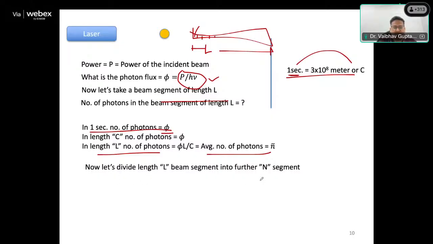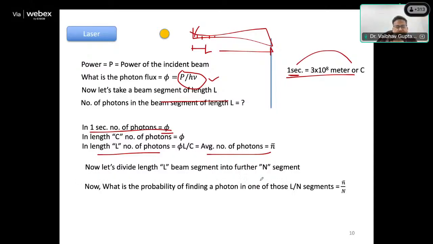That's why we have divided the total L into capital N segments. Once you do that, the probability of finding one photon in one of these segments is given by the average number of photons divided by the total number of segments you have created. That will be the probability to find the photon here, right?